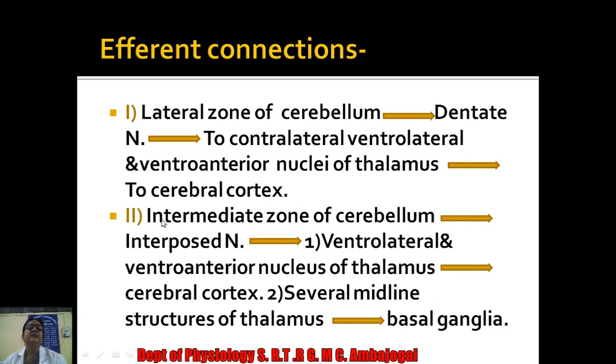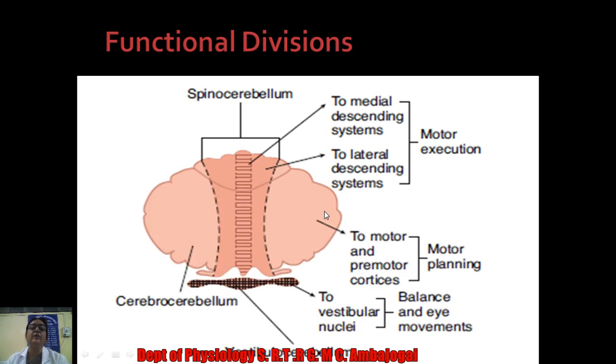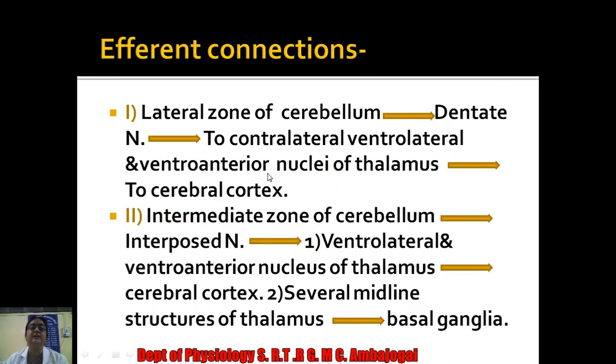Then next we will discuss the connection of the intermediate zone of the cerebellum. This intermediate zone is mainly responsible for the execution of skillful, purposeful, sequential motor activity. So signals from the intermediate zone of the cerebellum are carried via the interposed nucleus.